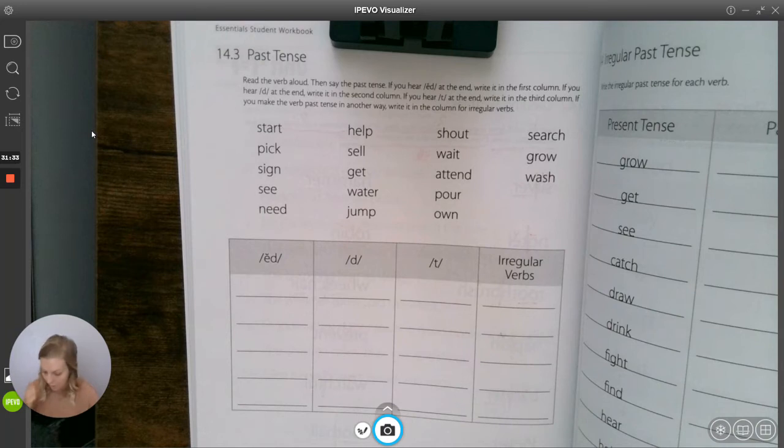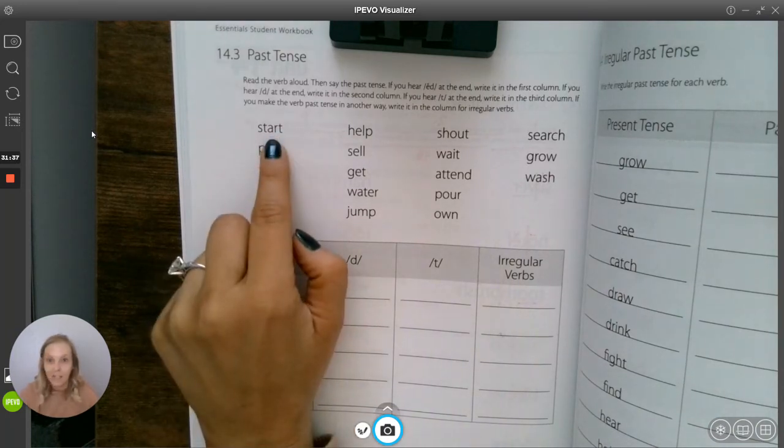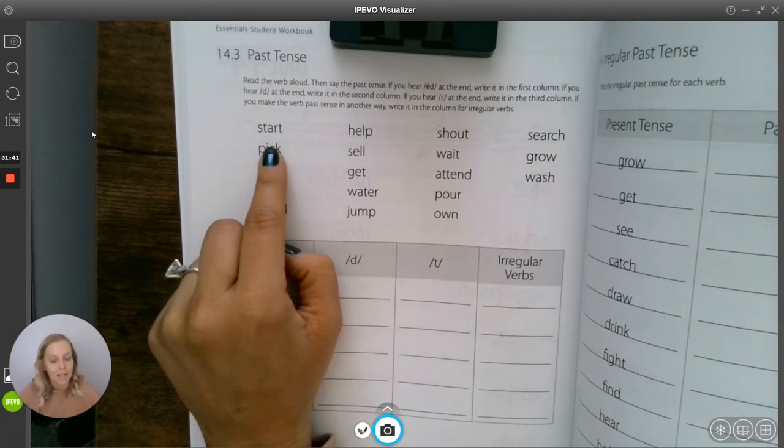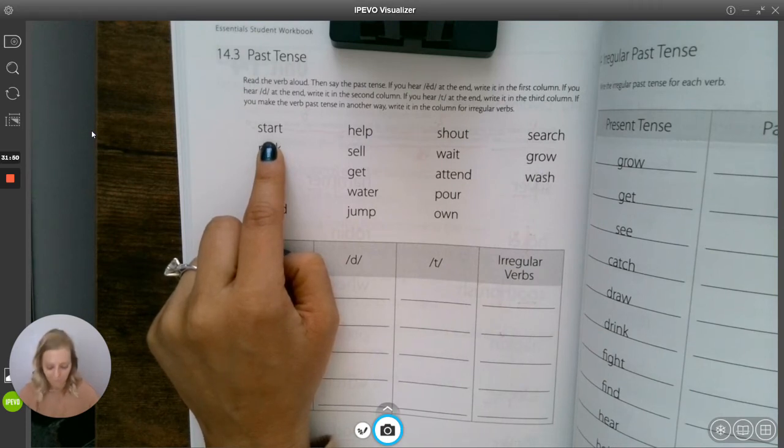All right. What is the first word? Start. Very good. How do we make start past tense? The word turns to started. Started. Like I started my car this morning. So we add the past tense ending, ed, d, t.